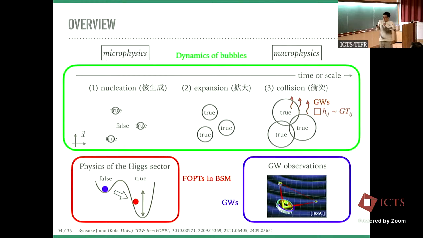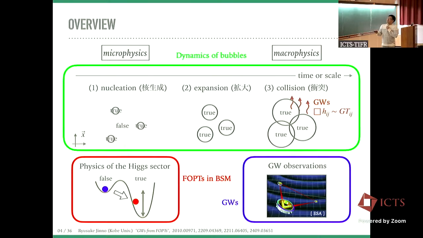This is the overview of what happens in the universe if we have a first order phase transition. The left side is microphysics, and the right side is macrophysics. On the microphysics side, we assume that there's a first order phase transition. Then in our universe, we first find tiny seeds of true vacuum bubbles like this.